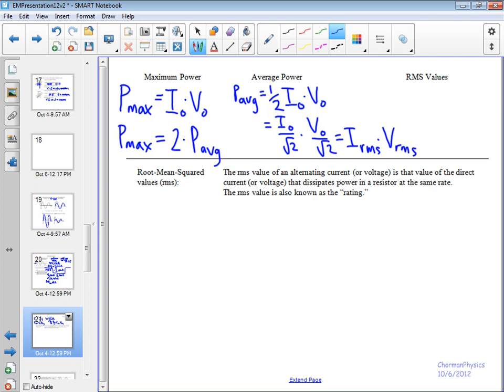What we've done here is we have found a value that's the same as if direct current at this value, or voltage, were dissipating that power in a similar resistor. This RMS value gives us that amount based on the power that's being dissipated in the circuit. So we will be using these instead of average current and average voltage because both of those would simply be equal to 0.